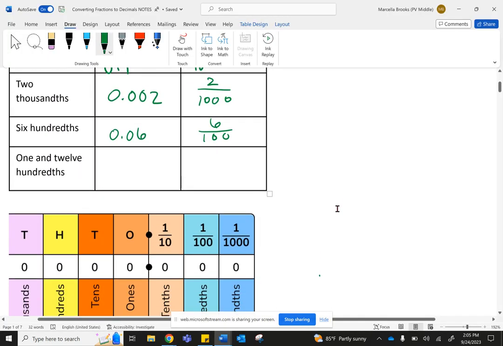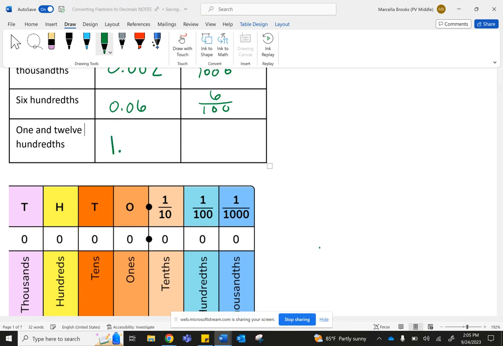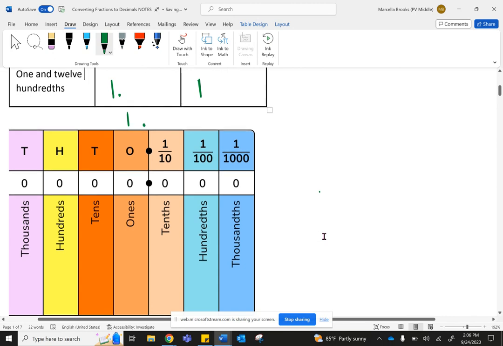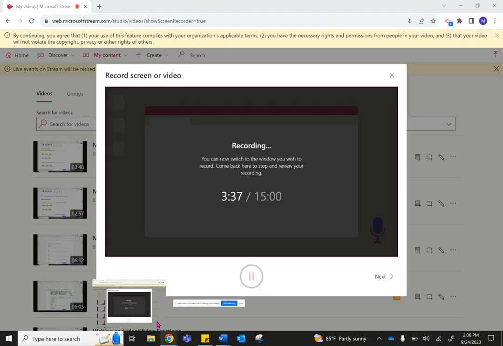All right, so 1 and 12/100ths, so it's going to be 1 dot something, and we want to put the 12/100ths in the hundredths. If it's a multi-digit number, you're going to put it like this. Is that right?